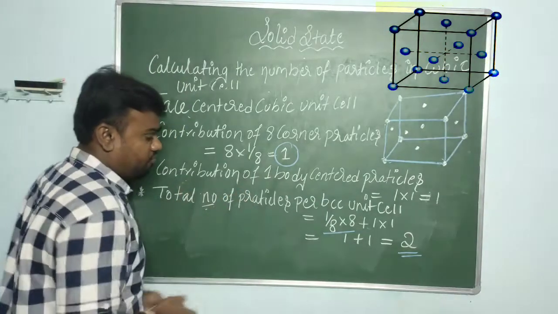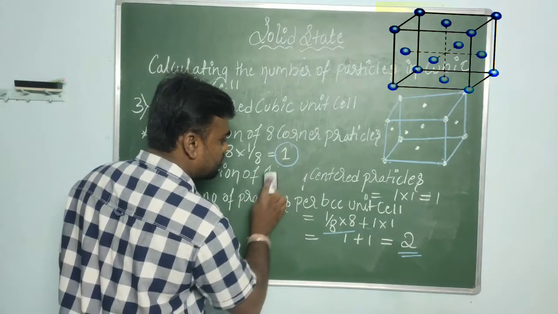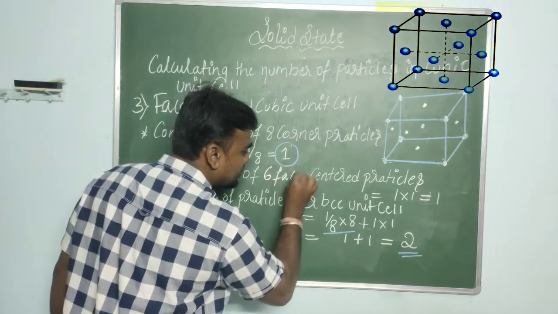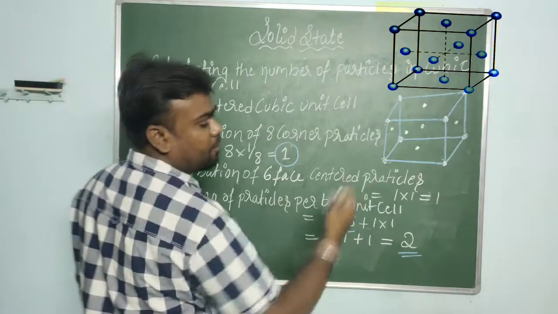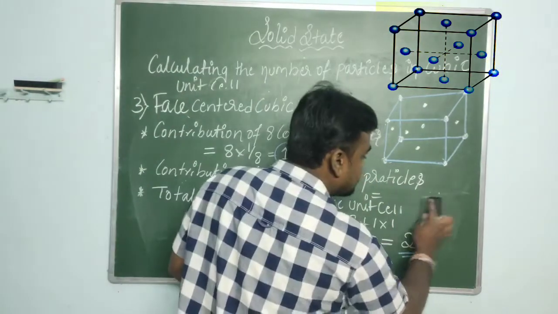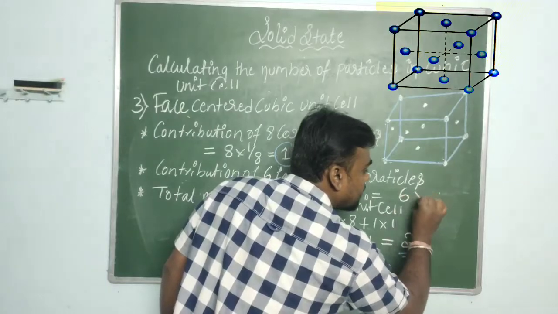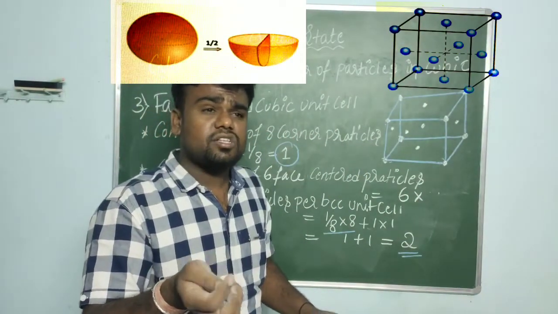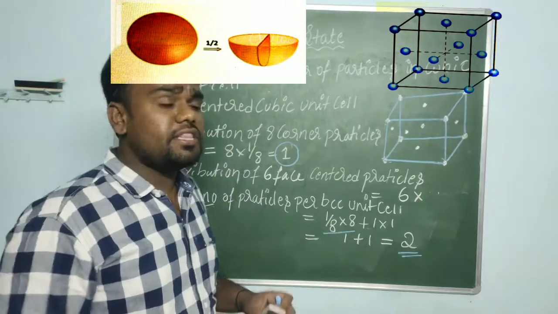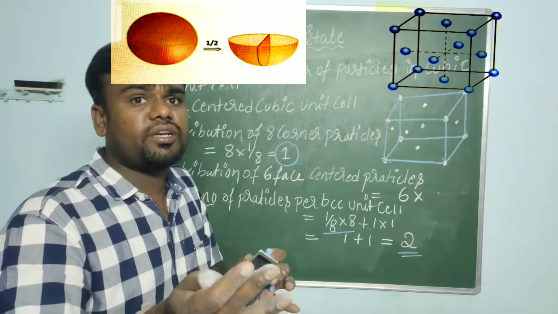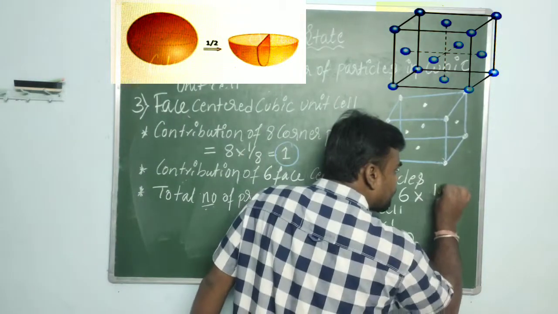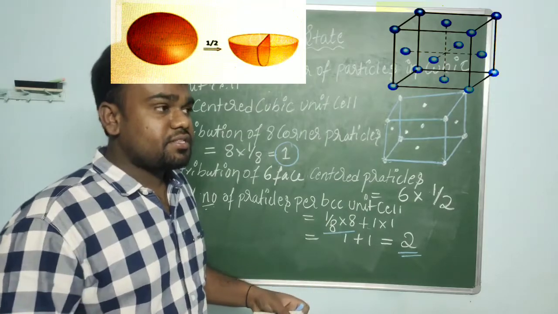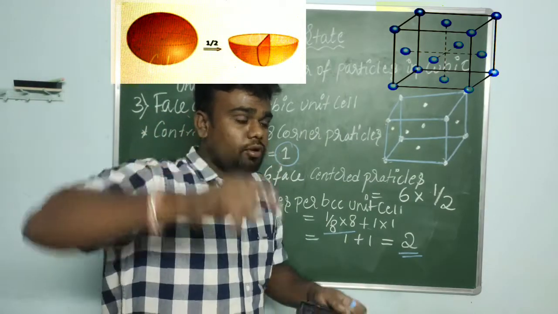The contribution of 6 face centered particles: we know it is 6 into half, because each particle is half shared in the plane and the other half is not. Do you understand? The 6 faces mean you take a ball in a plane.